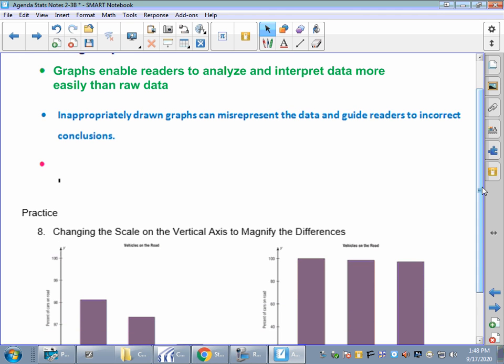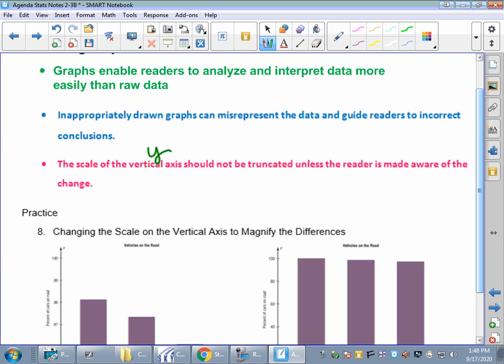Sometimes they want you to, sometimes it's just purely an accident. The scale of the vertical y-axis should not be truncated unless the reader is made aware of this. That's the easiest place to mislead somebody, on the y-axis.